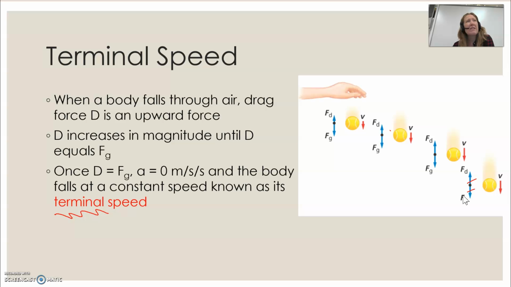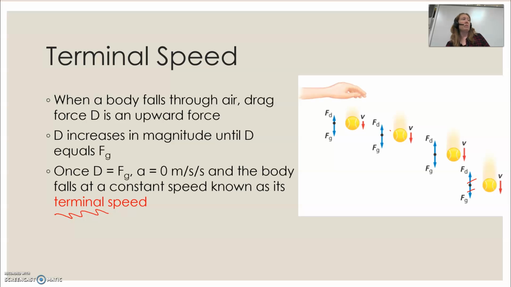It's never going to overpower gravity. The object is not going to fall any faster. Its acceleration will be 0, and that's what we call the terminal velocity or the terminal speed.